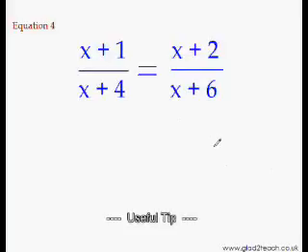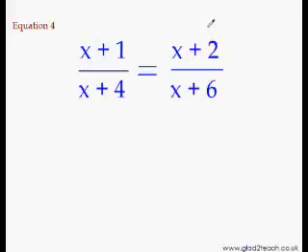Just now, we have solved this equation in a proper manner by putting the steps down. But if you are in a hurry, like in a competitive exam, racing against time, you can use this trial and error method that I'm going to teach you right now. If you look closely, you will find that this equation is made up of two fractions.